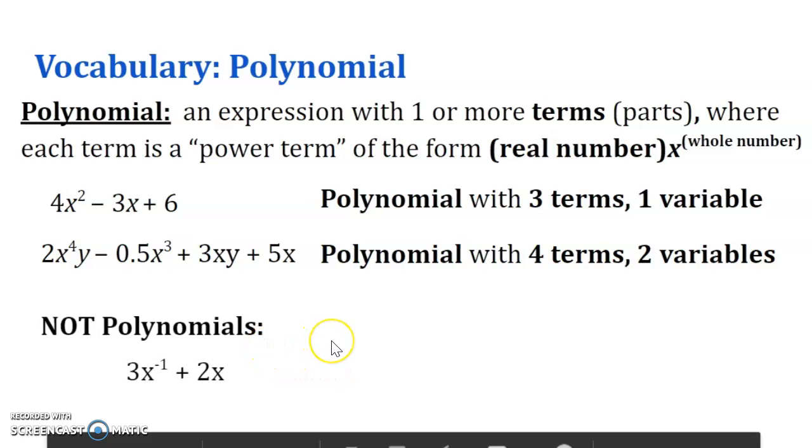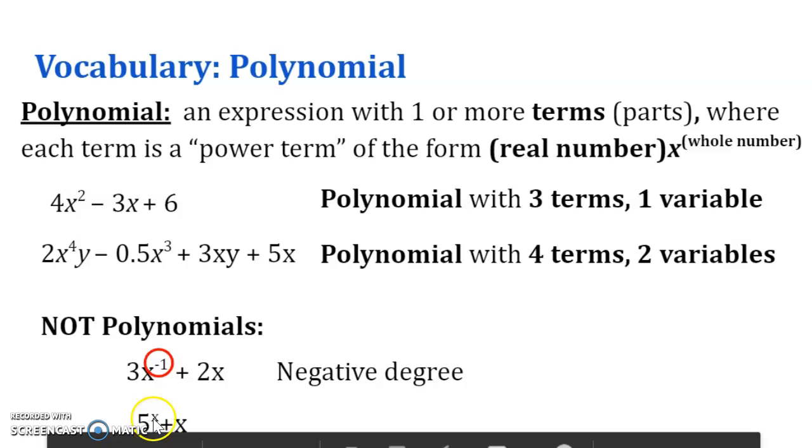These are examples of non-polynomials. Why is this one not a polynomial? Because here we have a negative degree or negative x. So this is not a whole number. And 5 to the power of x plus x is also not a polynomial. Why?